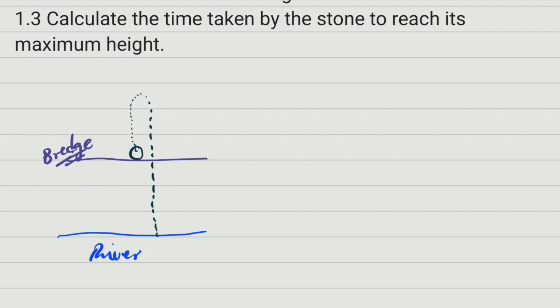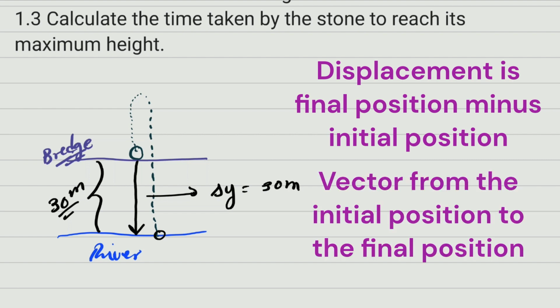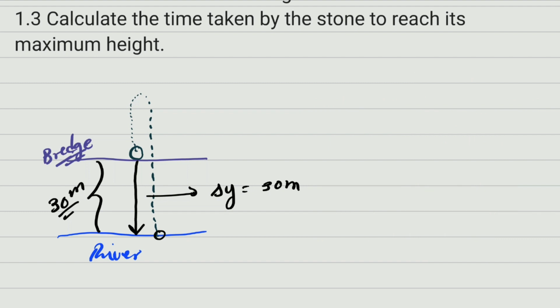Okay, now what we need to know is that the bridge is 30 meters high. The height from here to there is 30 meters. That is important, and you must know that when the stone reaches the river, the displacement the stone has covered is from the bridge to the river. So this one here will be the displacement of the stone, which is 30 meters. Now remember, because we are talking about vectors, that must be either positive or negative.